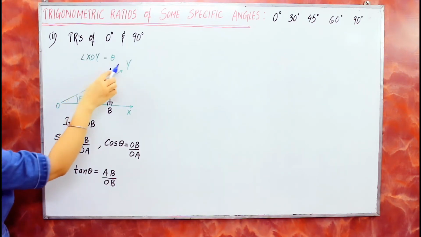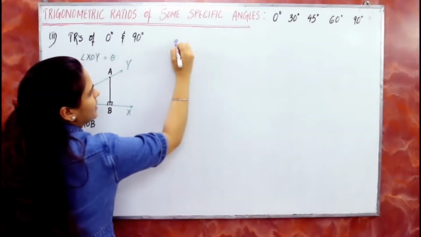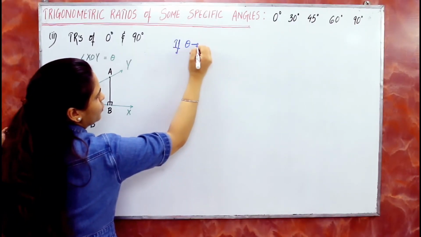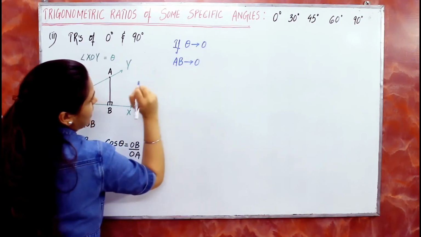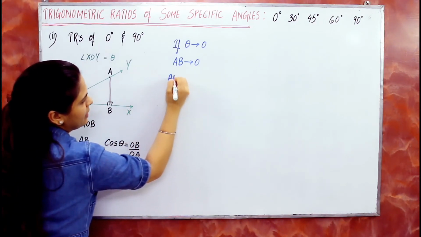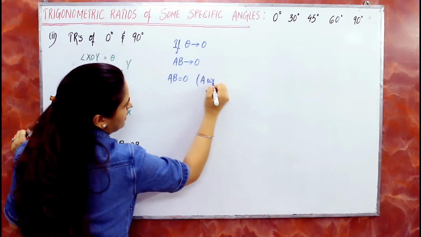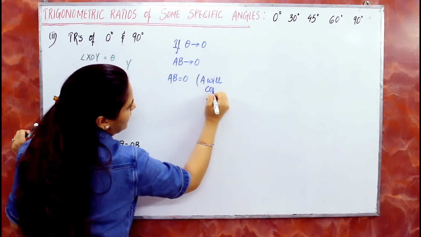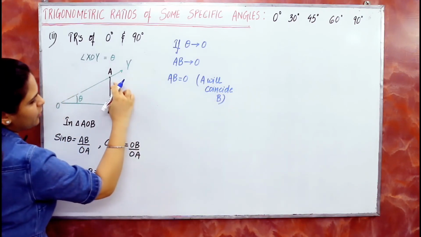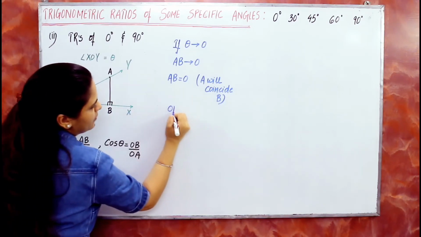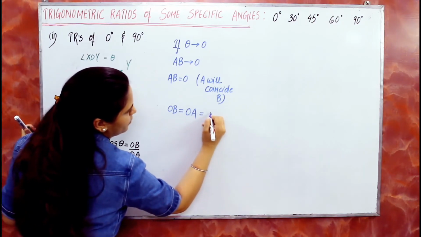At this point A will coincide with point B. So that means if theta is approaching 0, AB will also approach 0, and there will be a point when AB is equal to 0. At this point A will coincide with point B, AB is equal to 0, and OB is equal to OA. Let's say any point A.